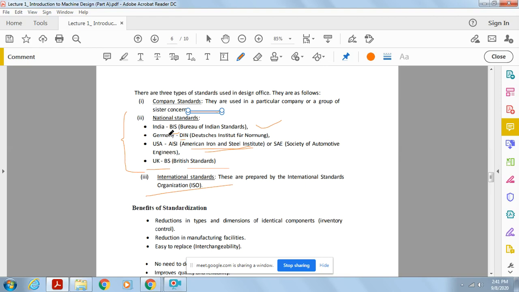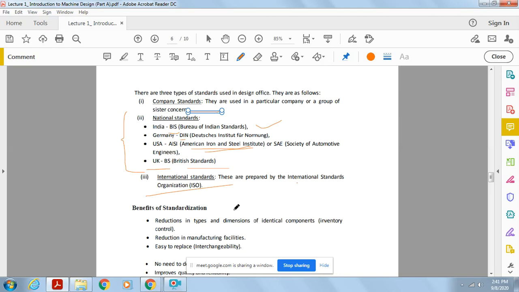When you go beyond the nation, you can find internationally accepted standards. Okay, so that is called the ISO. ISO full form is International Organization for Standardization. Okay, it is also called the International Standard Organization, but mostly it is called International Organization for Standardization.